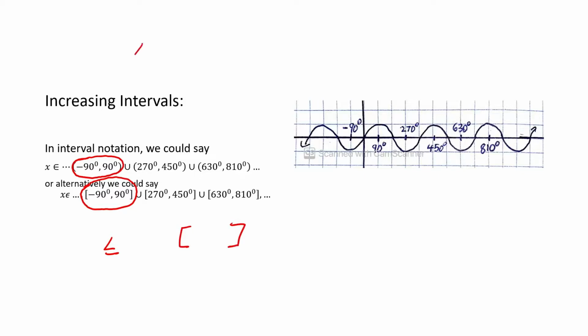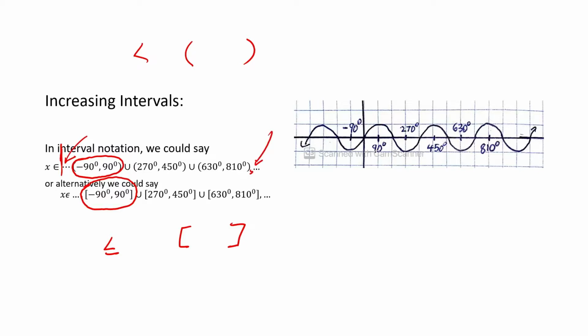And if you're just going to be using less than in your set description notation like the textbook does, then it makes sense that you would be using round brackets in your interval notation. And there's no brace brackets on the ends when you're in interval notation, but you do still have the dots going in both directions.